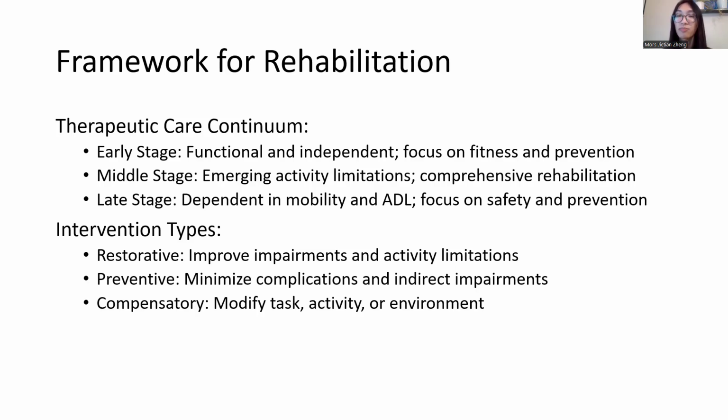We use 3 types of intervention throughout: restorative approaches to improve impairments, preventative strategies to minimize complications, and compensatory techniques to modify task or environment.